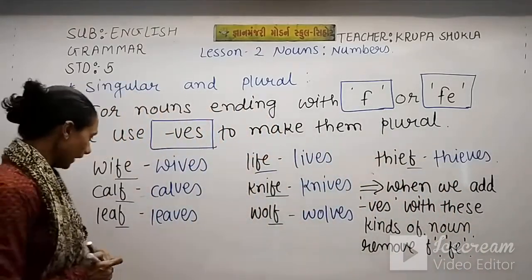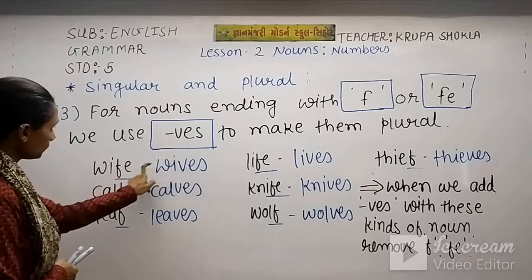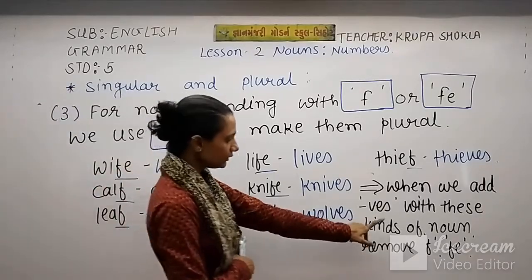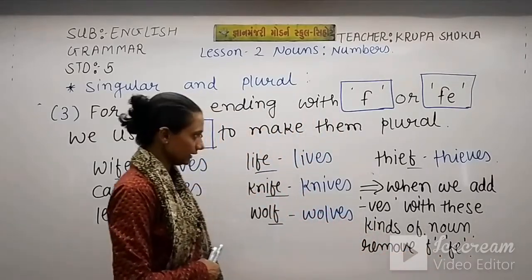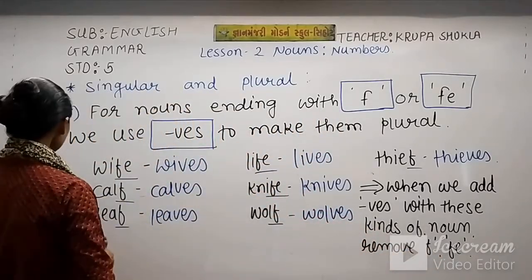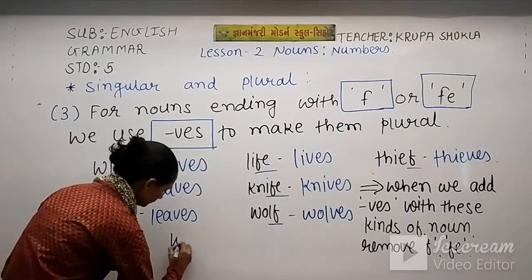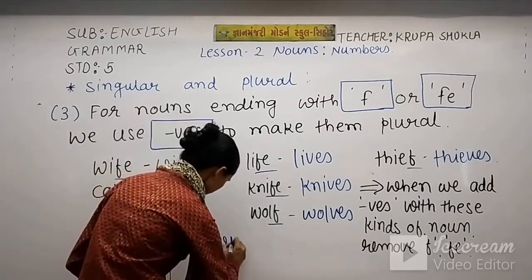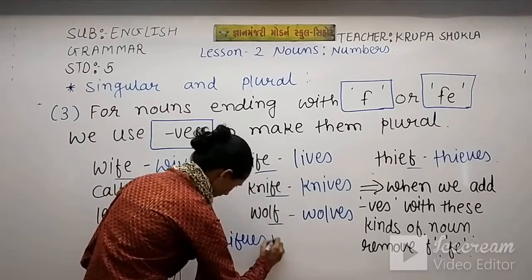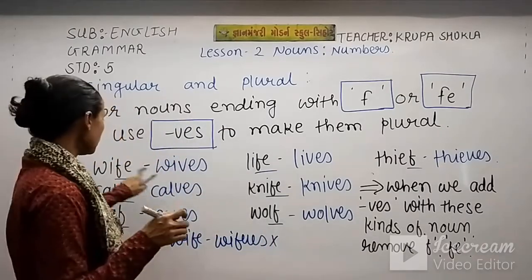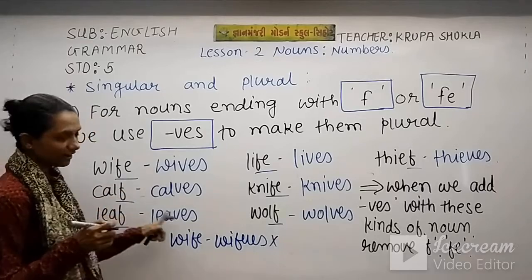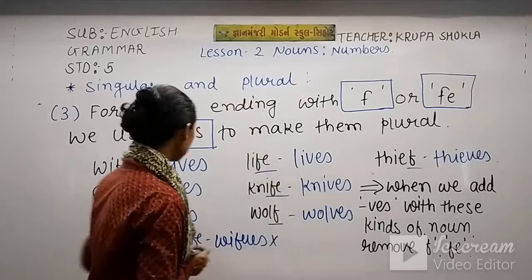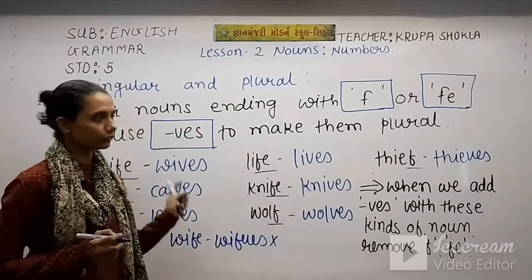So when you add ves in place of fe or f, you need to remove f and fe. See, here we have the word wife, suppose. You can't say wifeves, this is wrong. You need to remove fe or f when you use ves to make it plural. This is rule number 3. Now rule number 4.